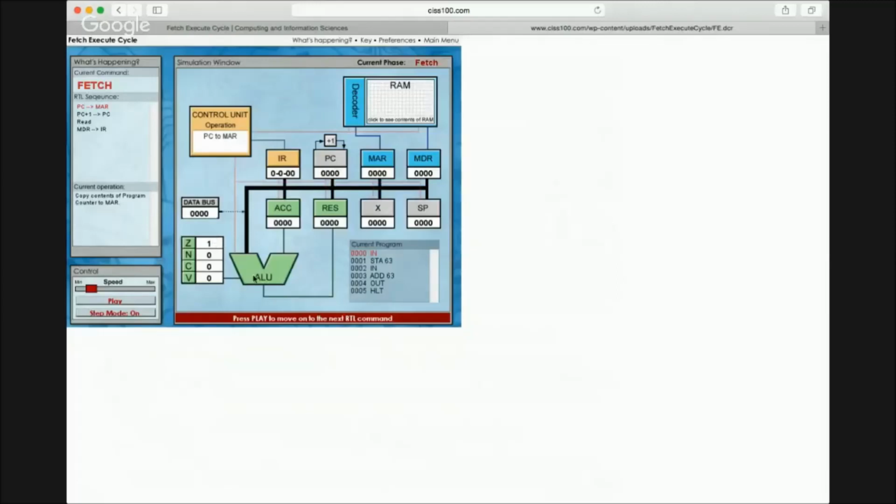What else haven't I said here? Take a look at this data bus. This again, 0000, is representing hexadecimal. What is my word size? What is my bus width here? Whenever you know it, let me know. Well, if these are hexadecimal digits, every hexadecimal digit corresponds to how many bits?